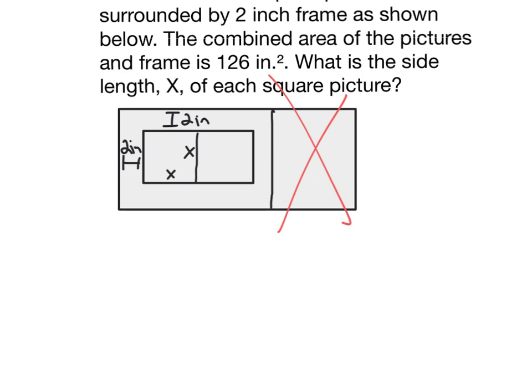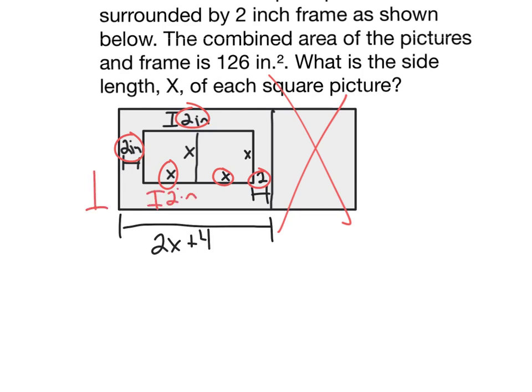So if we find our dimensions going across this rectangle, all the way across here, remember both of these have the same dimensions for these squares. So all the way across, the border's the same all the way around. That would be 2x plus 4. That would be like these 4 pieces here. And then a similar idea going up and down here.